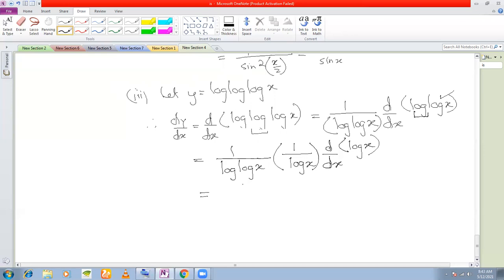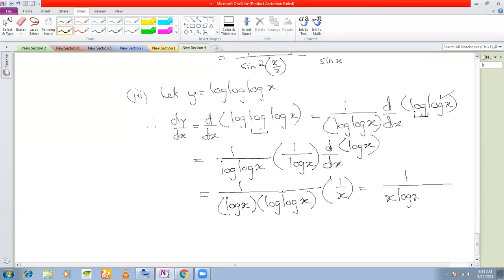So you get 1 by log x into, d dx log x is 1 by x. So ultimately what you get here is 1 by x log x into log log x. That's it. That's your answer.